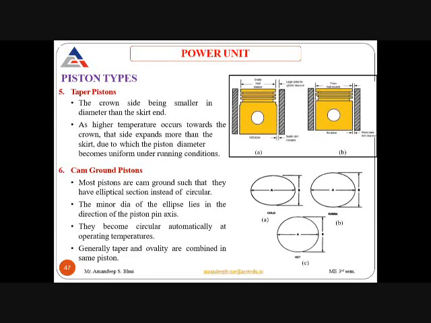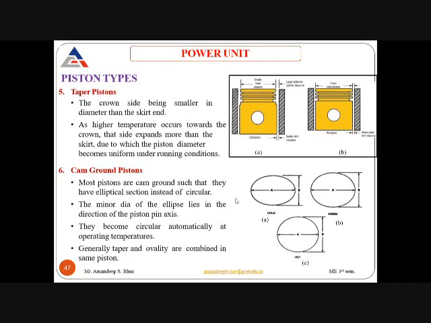The taper is accommodated by the expansion of the top side of the piston. As the temperature is higher towards the crown, that side expands more as compared to the skirt side, due to which the piston diameter becomes uniform under running conditions.